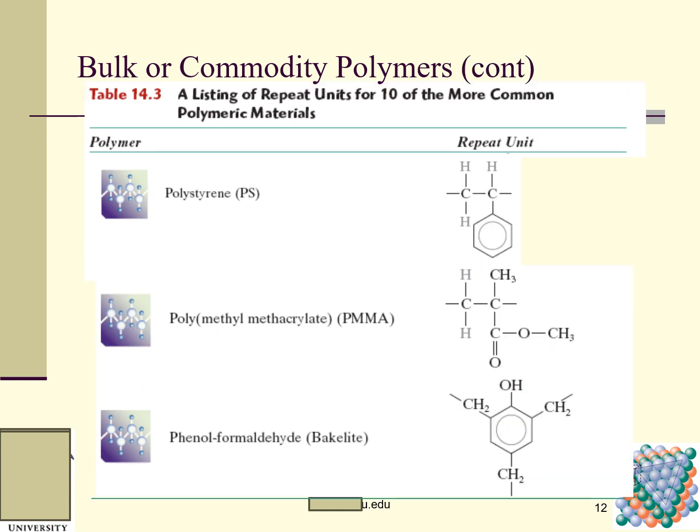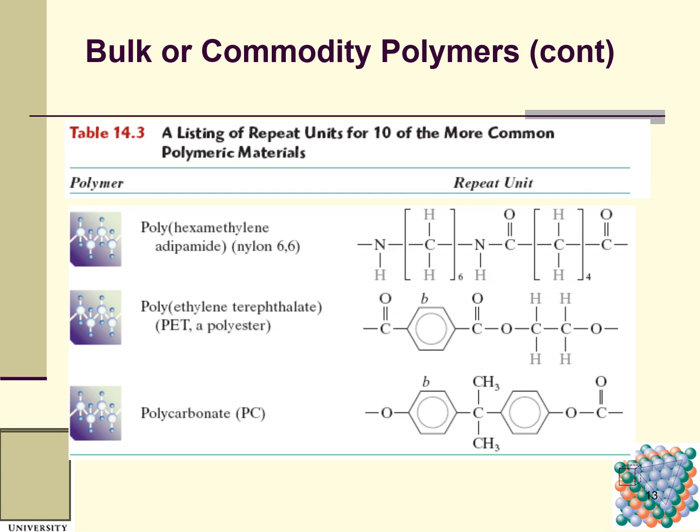And also here is polystyrene, PS, and here is a benzene ring. Here's a benzene ring here, and polymethyl methacrylate, PMMA, and phenol formaldehyde. This has a benzene ring there also, and this is hexamethylene adipamide.